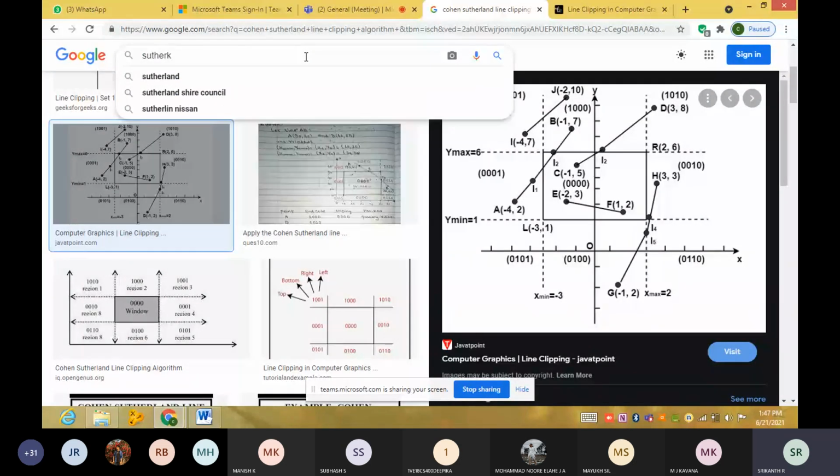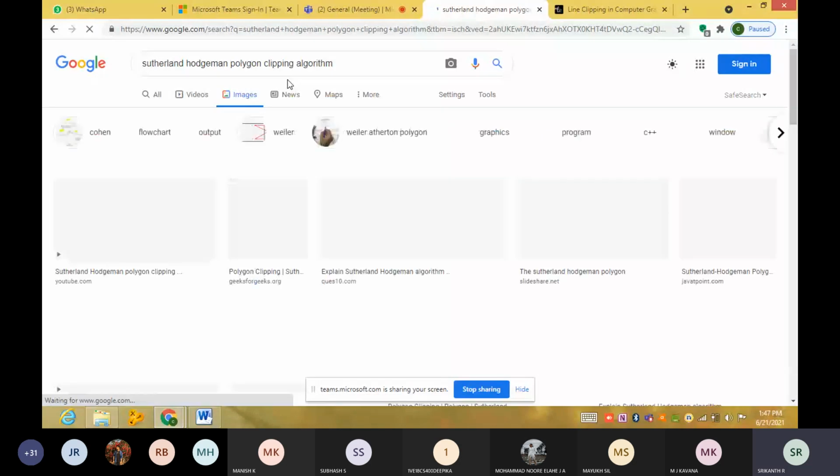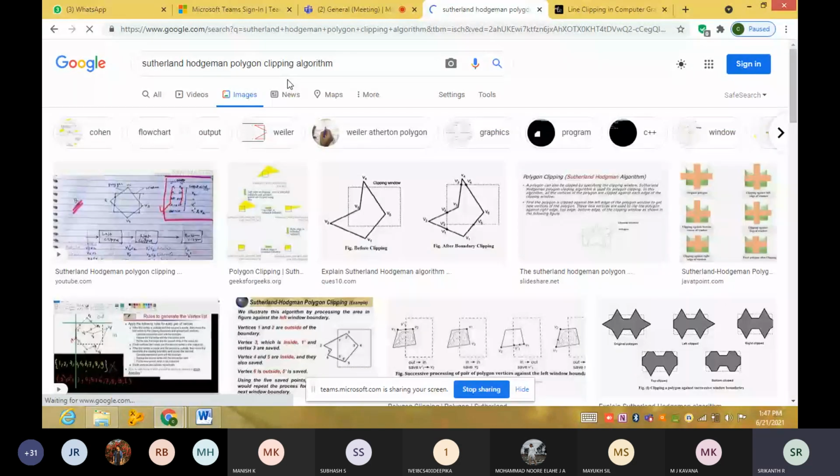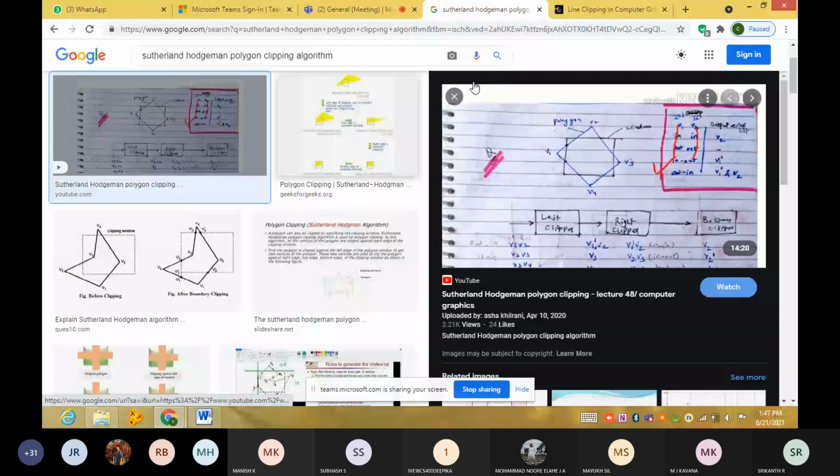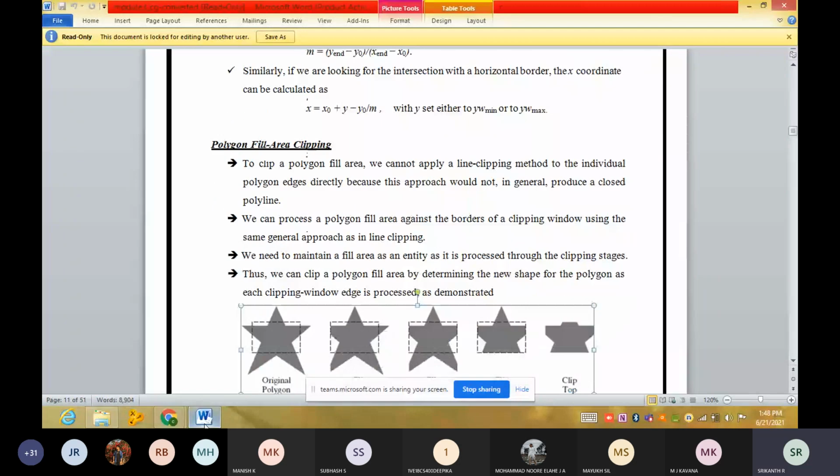Sutherland Hodgman polygon clipping algorithm. Okay, let's go with this one only. Guys, this is the original polygon for us.